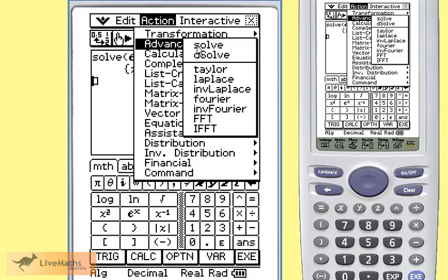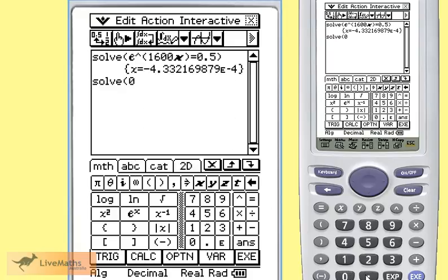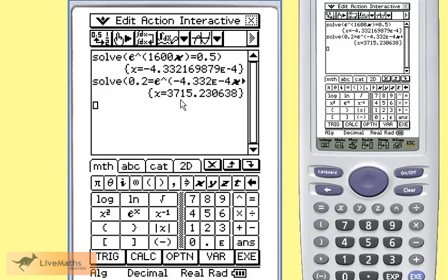We now want to solve 0.2 is equal to e to the power negative 4.332 times 10 to the negative 4 times x, and execute, and we get 3715.23, and so on.